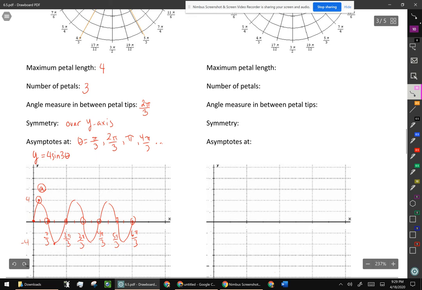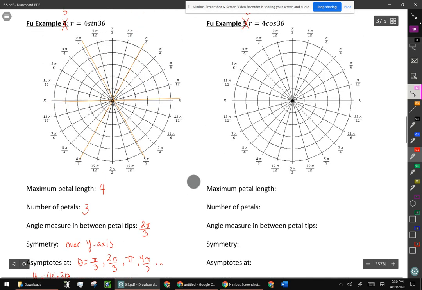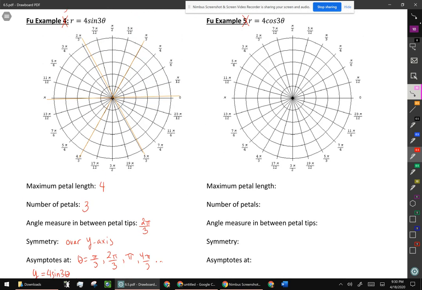But there's no need to do further calculation, because when you look at the graph, you know the petal is going to be right in between from here to here, right? From 0 to pi over 3 is the first section where you go out to the max and back to the pole, right? So out to the max and back to the pole. And so it's going to be drawn there. That's your A.